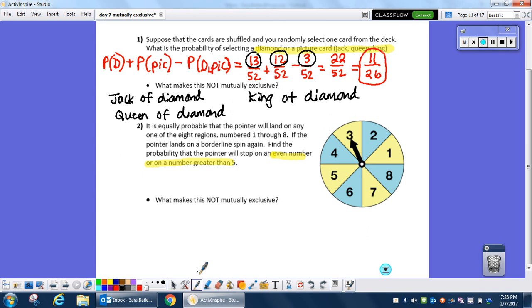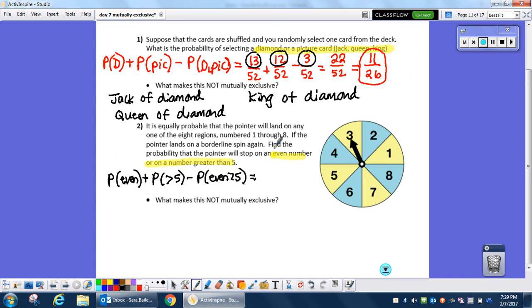So again, this is not mutually exclusive because you could be an even number that's also greater than 5. So we're going to do probability of even plus the probability of greater than 5 minus the probability of an even number greater than 5.